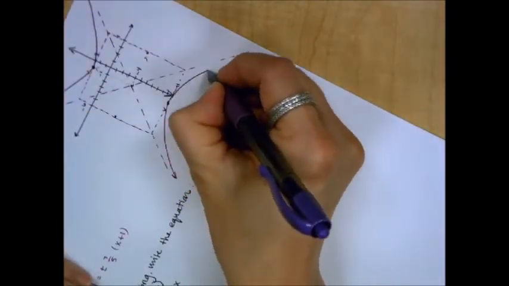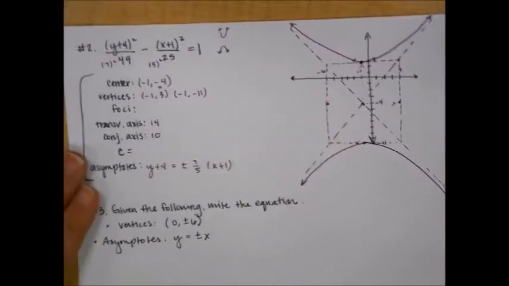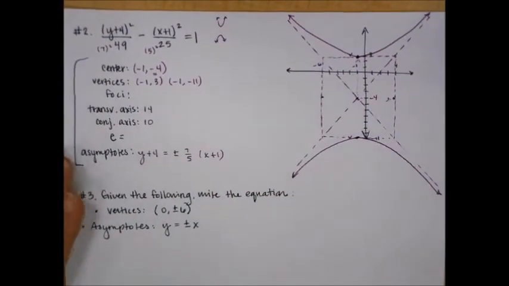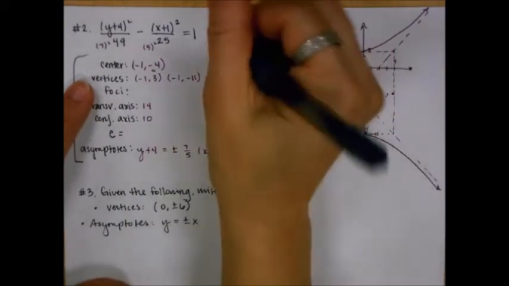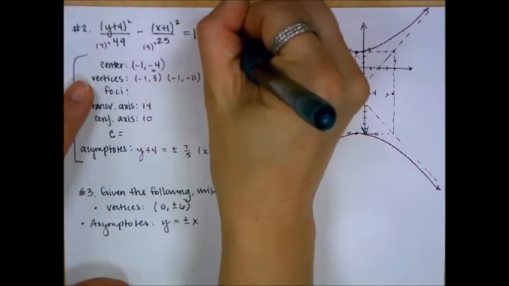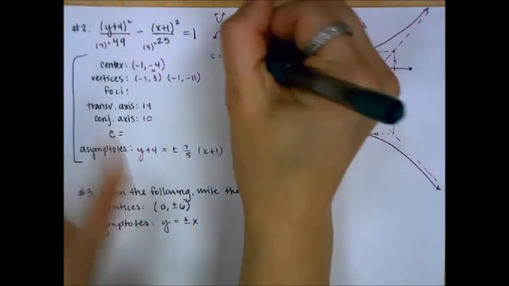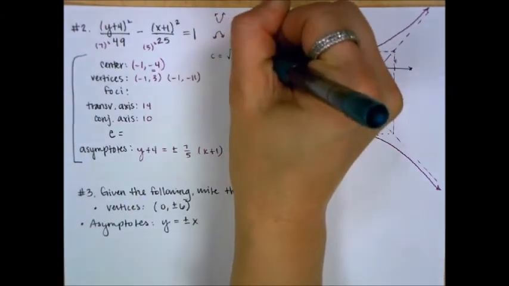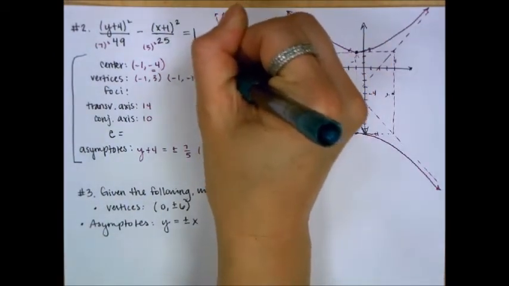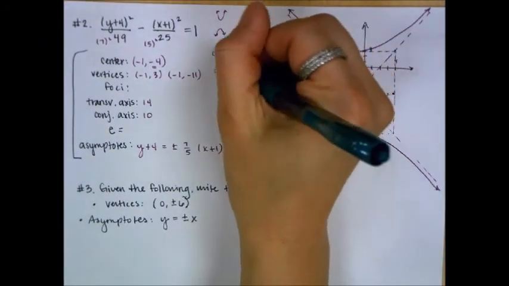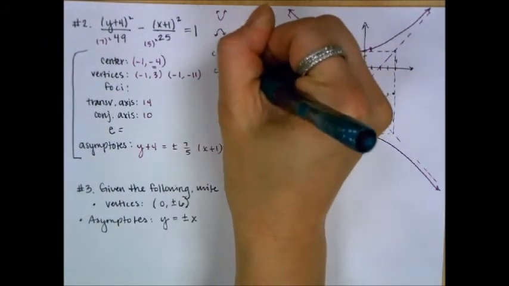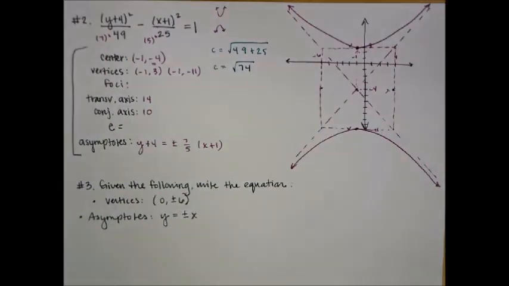And you really want to do your best to show that your curve is getting close to those asymptotes as it follows them out. For the last parts, to find the focal length c, we have a squared plus b squared, so 49 plus 25, which is going to give us the square root of 74. Now, that's not going to simplify.